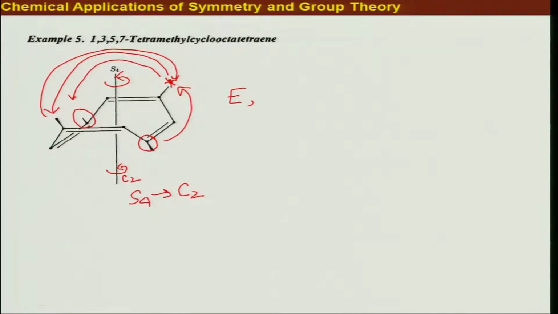So, there exists a C2, but this C2 is not a natural, not a proper axis of symmetry or principal axis of symmetry by its own merit. It is a consequence of having an even order improper axis of symmetry. So, by rule, we had the steps 1, 2 and 3.